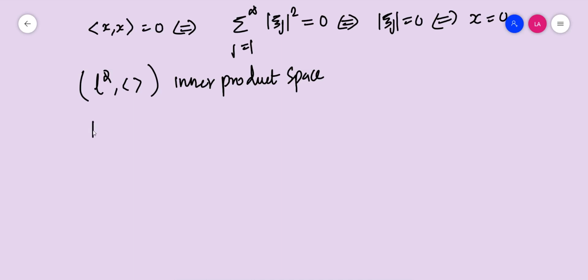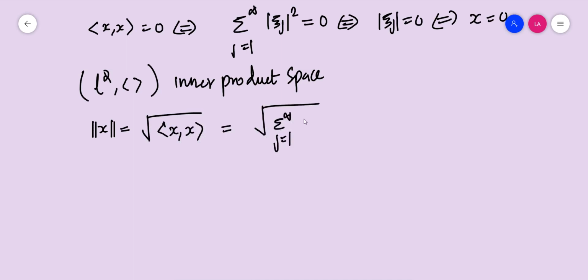We already know the norm of x induced by the inner product is the square root of inner product xx, which is equal to the square root of summation j equal to 1 to infinity modulus of theta j square, which is the usual norm in L2 space.